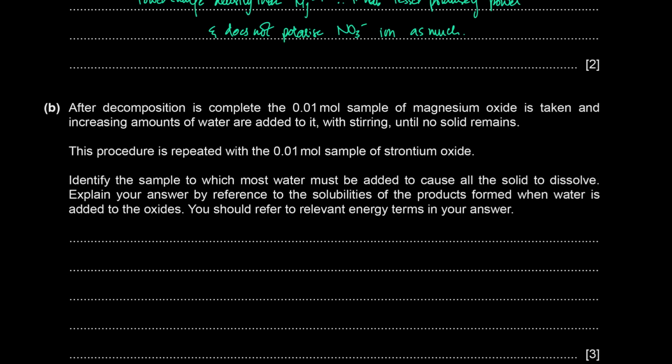We know that the solubility of the hydroxides increases down the group. We know magnesium oxide is barely soluble. So more water will be added to magnesium oxide. Okay. The reason why is because magnesium hydroxide is less soluble than strontium hydroxide.